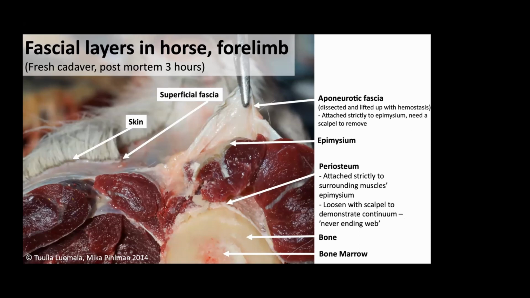This one is also from the horse leg, but one of my favorites also, because from this image you can see how we can have connections from the skin and superficial fascia, even to the area of the periosteum. So when we are having tension somewhere, it can affect even the periosteum.